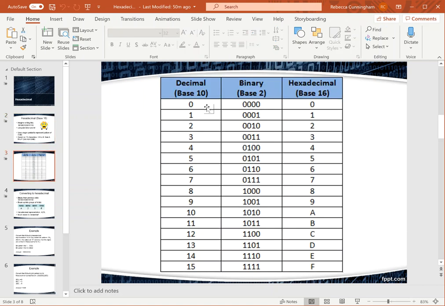Here's a table of the systems that we've looked at already, looking at patterns of 4 bits in the binary system. Let's take a look at this middle column. We have 16 unique values, starting from all zeros and counting up all the way through all ones.